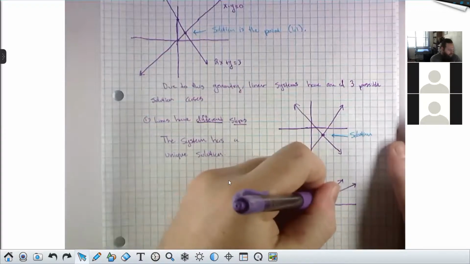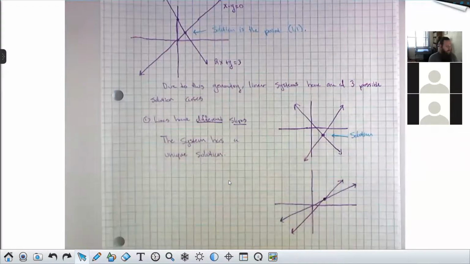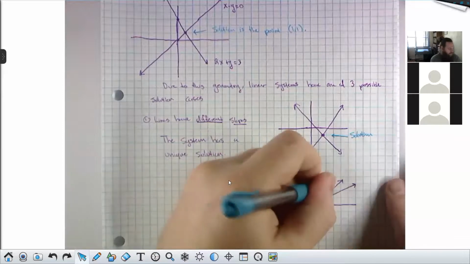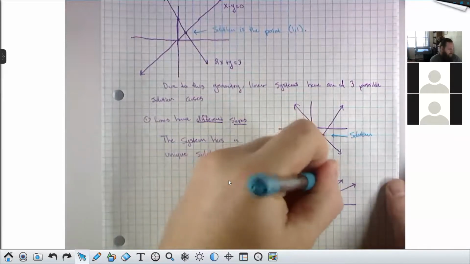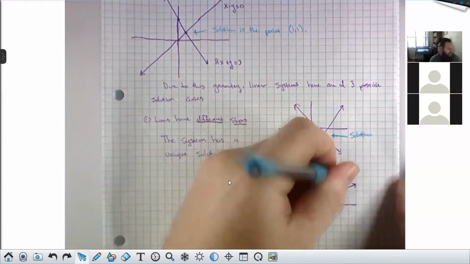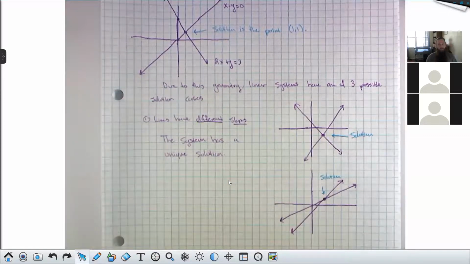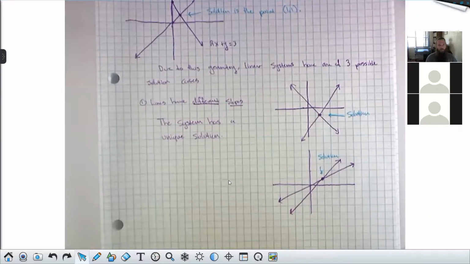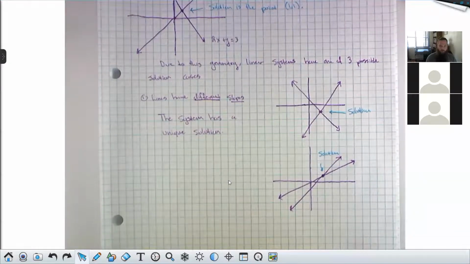Still, they will meet in a single point, and that point is the solution. So that's the first case. Different slopes, unique solution, one solution. Two other cases. Might seem like maybe there's only one other case if they have the same slope, but believe it or not, that's broken down into two other cases.